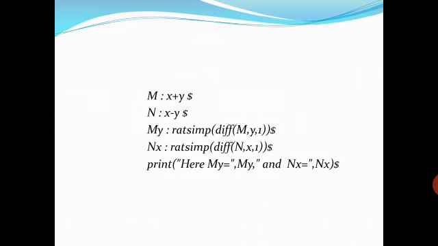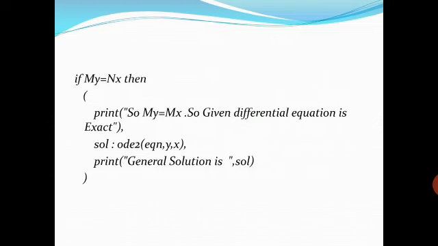Later we have to check whether the given differential equation is exact or not. We already know the condition, that is, we use the conditional statement for the condition. If My is equal to Nx, that is del M by del y is equal to del N by del x, that is the condition.